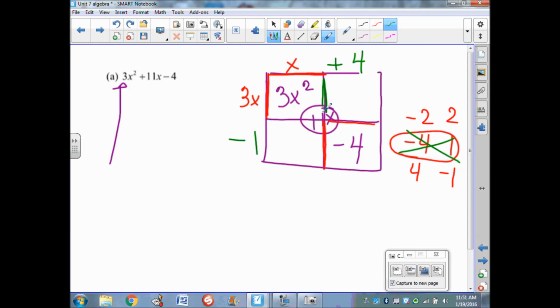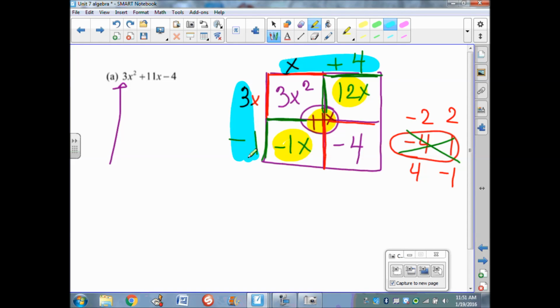This is going to give me 12x, and this is going to give me a negative 1x. Now, when I put this together with this, do I get a positive 11? And you should say, yes, Mrs. Swinson, you do. So what are my factors? X plus 4, 3x minus 1.